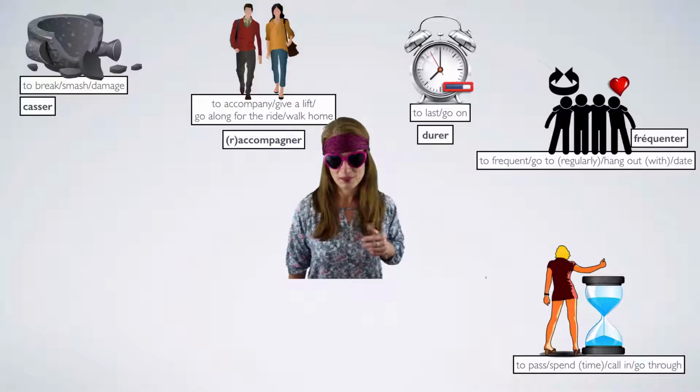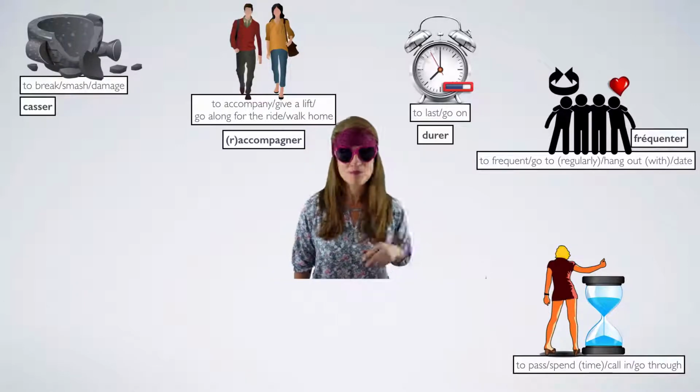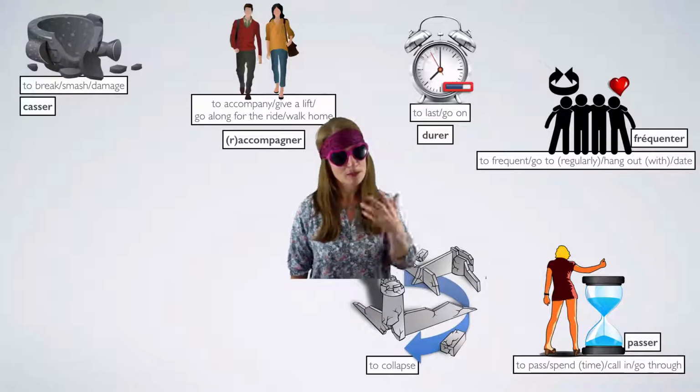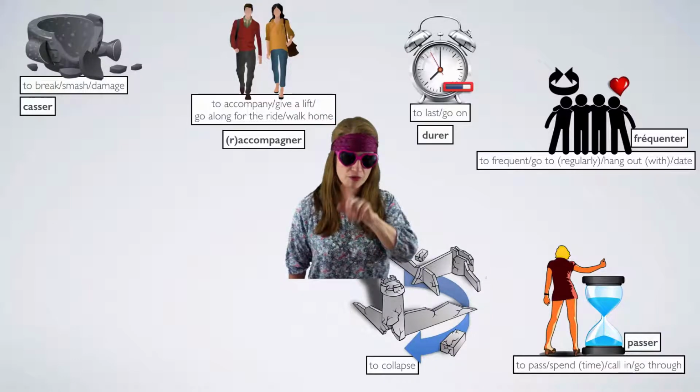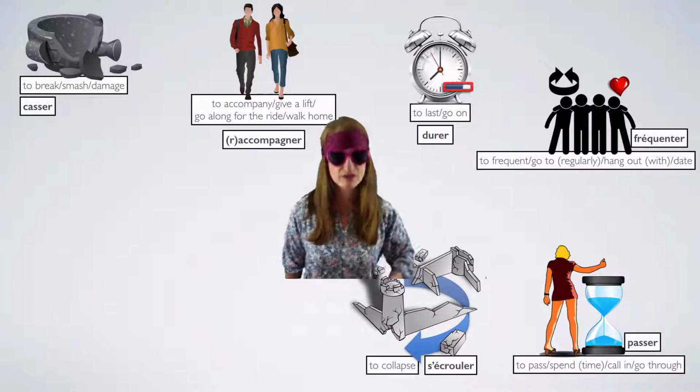Fréquenter. To pass, to spend time, to call in, go through. Passer. To collapse. This might be the tricky one. Pronominal, we have our pronominal arrow there. S'écrouler, it's like to crumble, to fall down on itself.